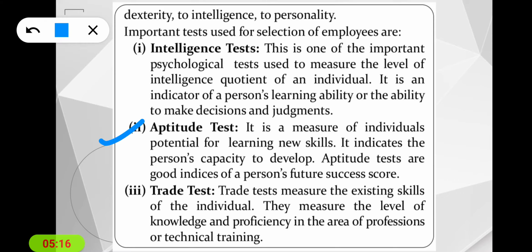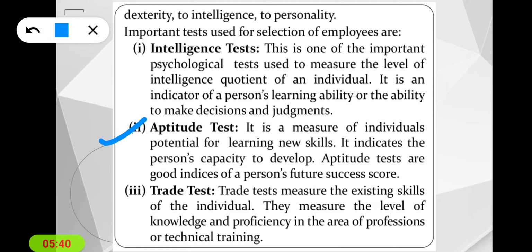Next test is the aptitude test. Aptitude tests are meant to measure an individual's capacity to learn a given job, if the candidate is given proper training. This test is more valid when the applicants have no experience or very little experience along the lines of the job.